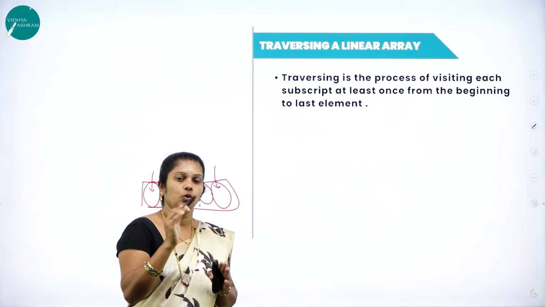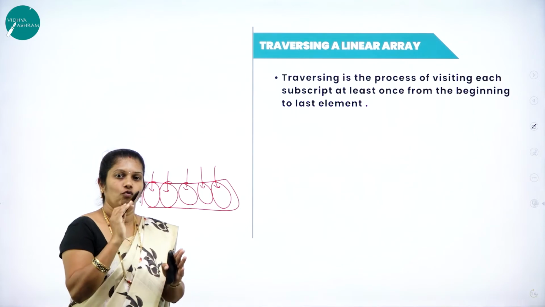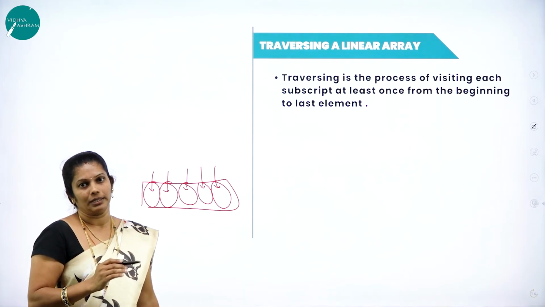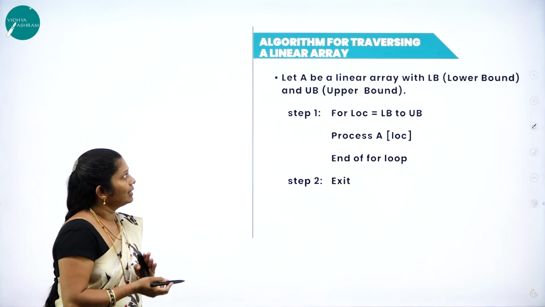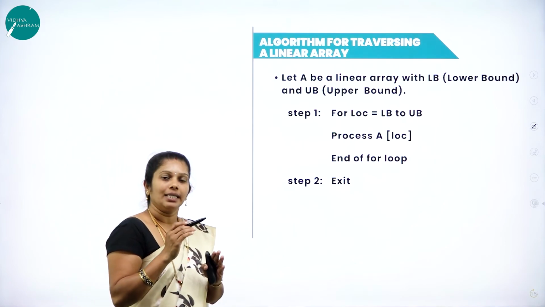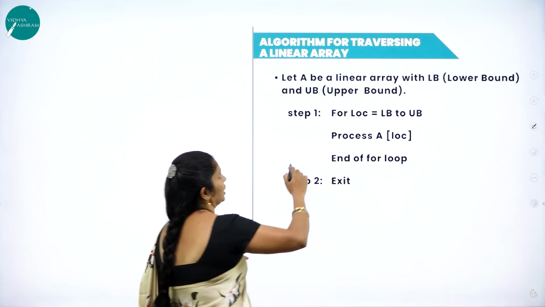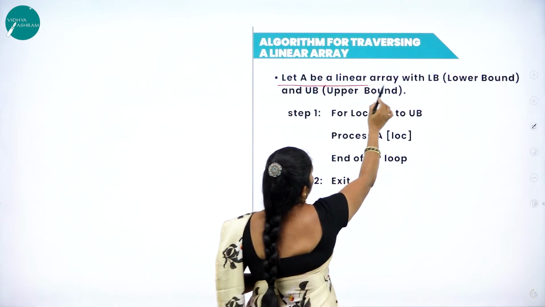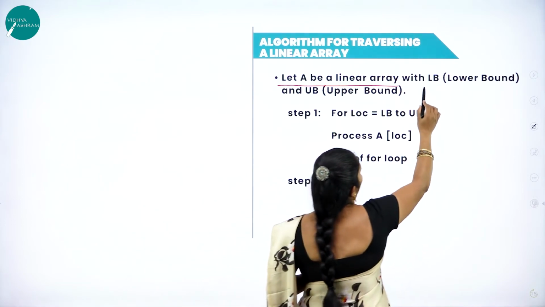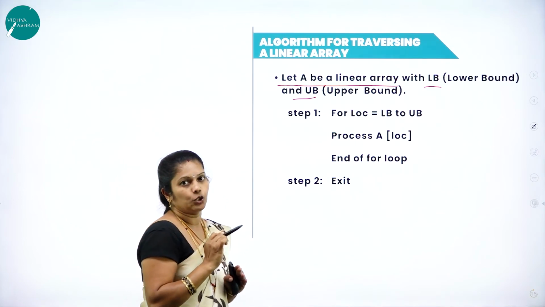Usually, for 1 mark, you will get the question, what do you mean by traversing? It is a process of visiting, accessing the elements from the beginning one by one. That is traversing. For example, in the exam, if you get a question, write an algorithm to perform traversing, then first you have to mention what exactly A represents. A is a linear array with lower bound and upper bound, that is LB as well as UB.